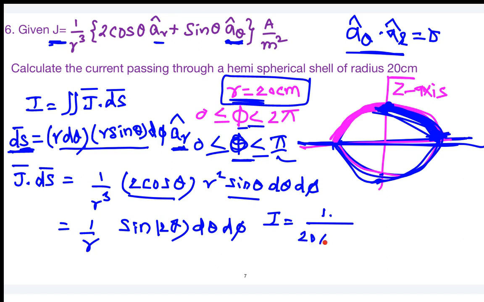So 1 by 20 into 10 power minus 2. Okay. Integration of sin 2 theta d theta. You have to be careful with the theta values, that is from 0 to pi by 2. And the phi value will straight away be 2 pi. So please simplify and tell me the answer.